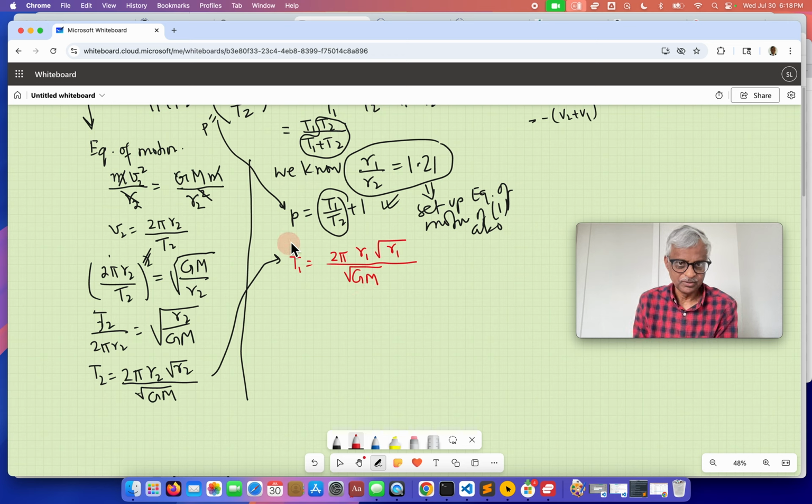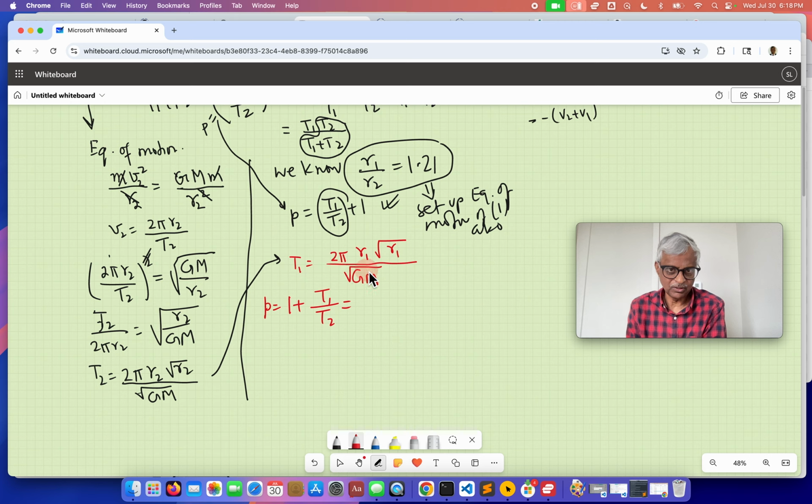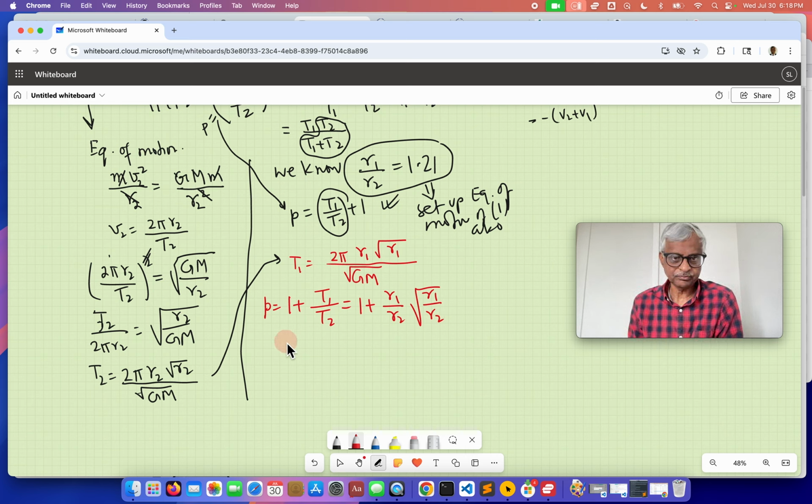So now P will be 1 plus T₁ over T₂, and you can see all of these guys cancel out. So 1 plus the square root of r₁ over r₂ to the power of three. It's like that.